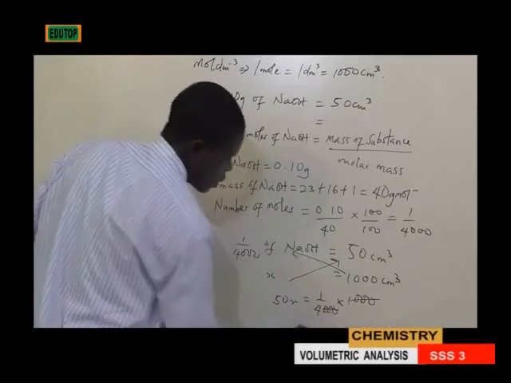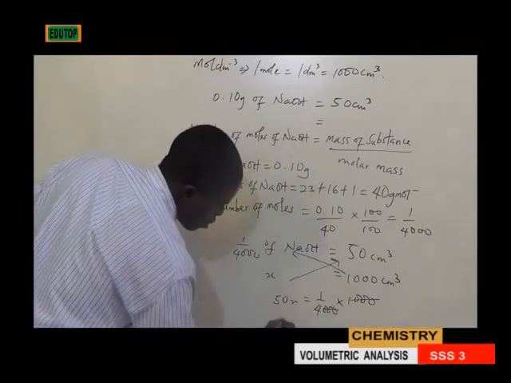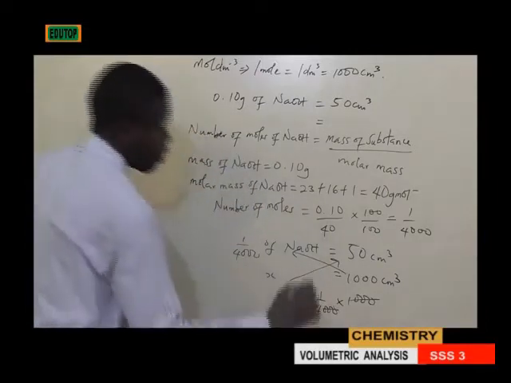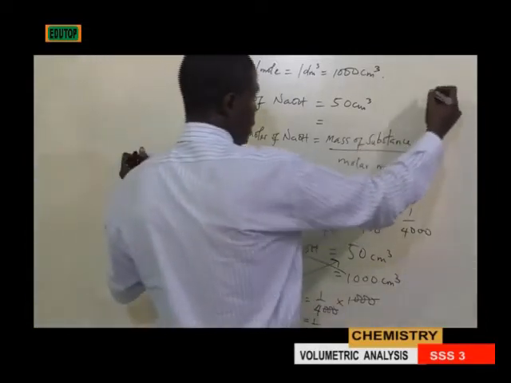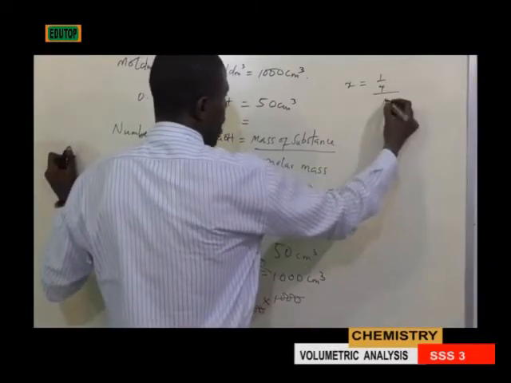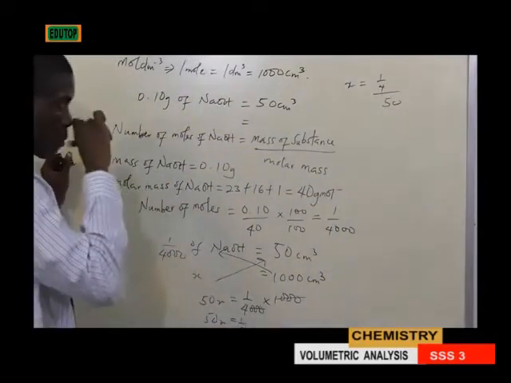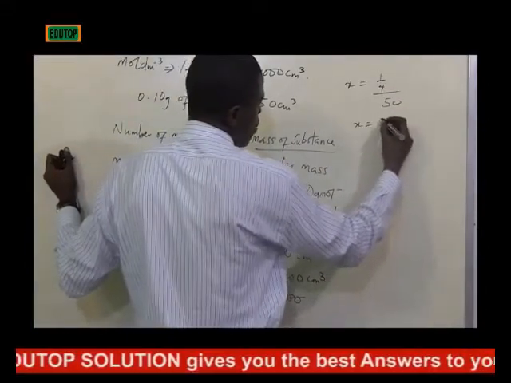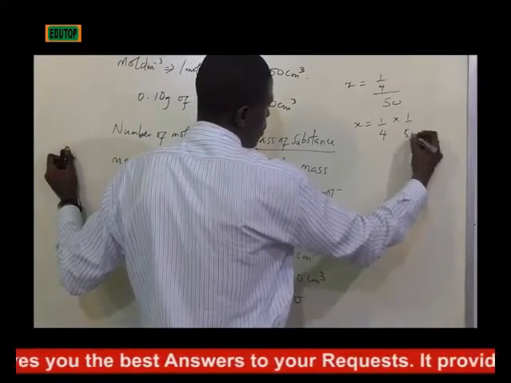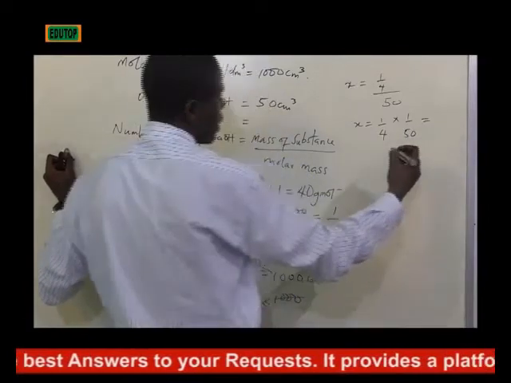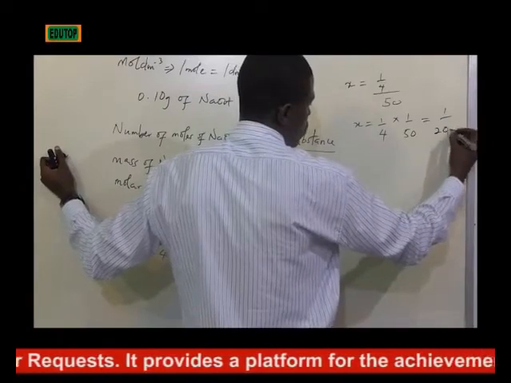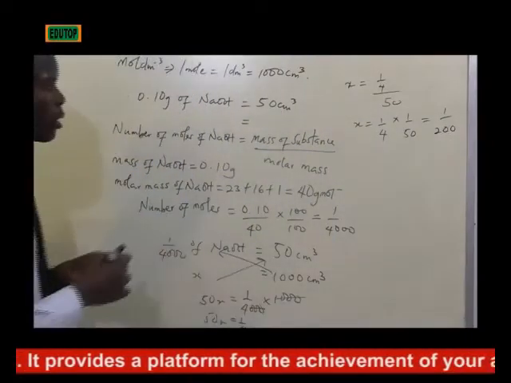So this cancels this. So 50x equals 1 over 4. Then x will now be 1 over 4 divided by 50, by dividing both sides by 50, which is 1 over 4 times 1 over 50, which is the same thing as saying 1 over 200.